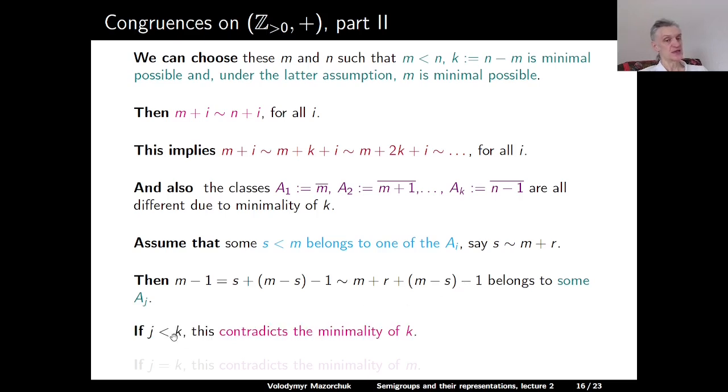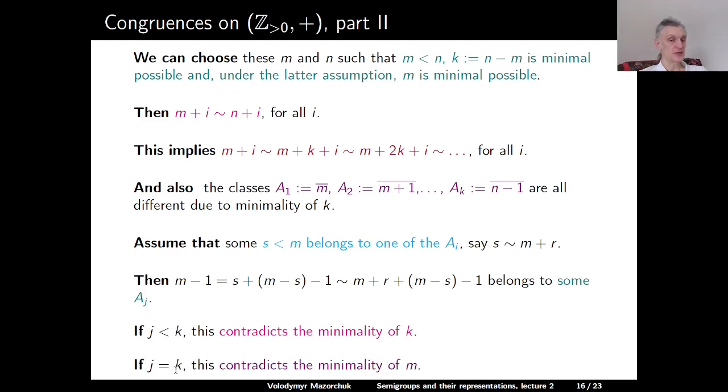If j is strictly smaller than k, then we have that m minus 1 belongs to some aj with j strictly smaller than k, and because of the minimality of k, the difference between m minus 1 and the corresponding minimal element here is smaller than k. So this contradicts the minimality of k, so this is not possible.